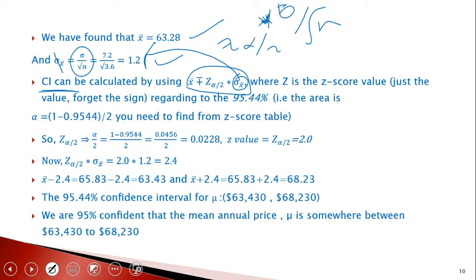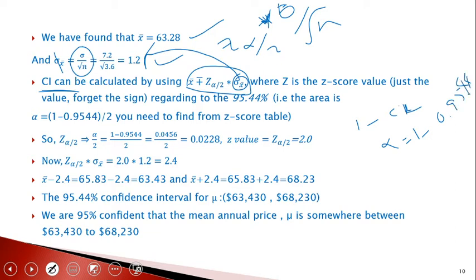Regarding 95.44%, you can calculate alpha. What is alpha? 1 minus the confidence level. So alpha is going to be 1 minus 0.9544.